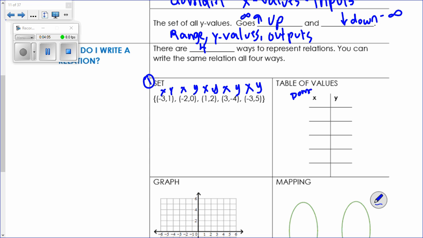We're going to write these ordered pairs as a table of values. Just looking at your x values, we have -3, -2, 1, 3, and -3. Looking at your y values, I have 1, 0, 2, -4, and 5.